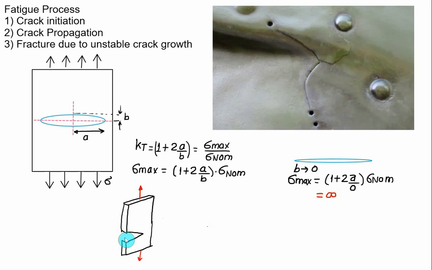We have a crack here, and the tensile stress results in the opening of the crack and its propagation. The crack can also propagate due to in-plane shear, that is the second mode. In this case we have in-plane shear, with a force acting on the top and a force acting at the bottom, parallel to each other. So this one, the second mode, is due to shear.